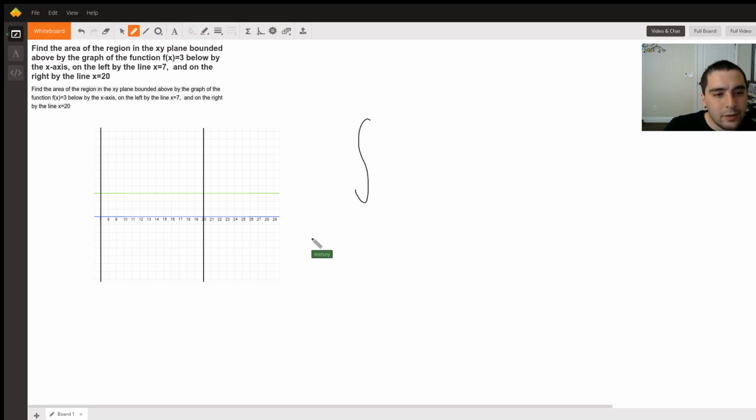This integral goes from our lower bound, which is 7, not 3, 7, to our upper bound, which is 20, for the function we're finding the area underneath, which is f of x equals 3. So this is the integral of 3 dx.